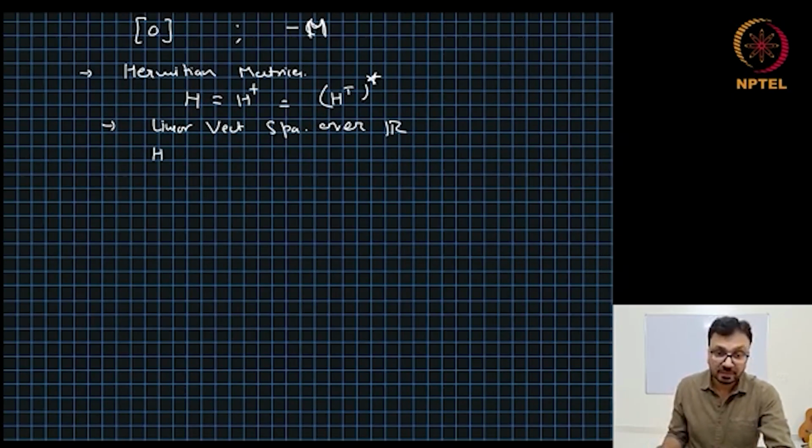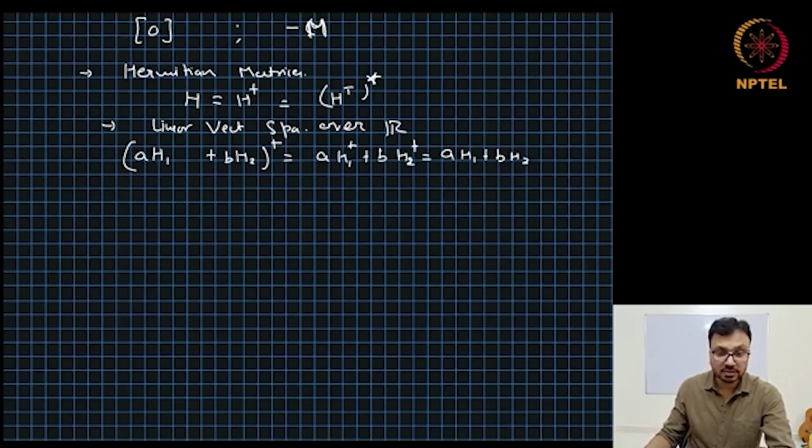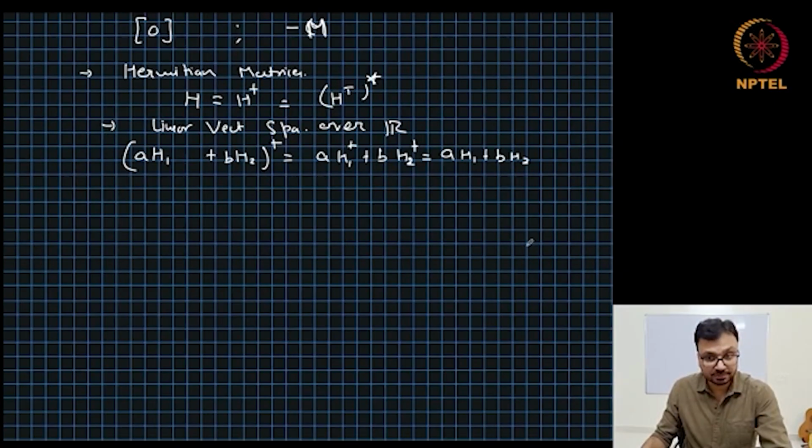If we have a matrix H1 which is Hermitian, and H2 which is also Hermitian, and we multiply them with scalars A and B, and take the Hermitian conjugate, it will be A H1 dagger plus B H2 dagger, which is A H1 plus B H2. So it's the same matrix, so it's Hermitian. In that way, it's closed over scalar multiplication and vector addition.